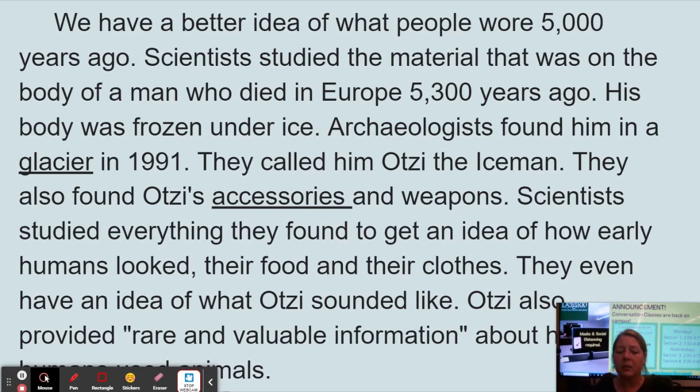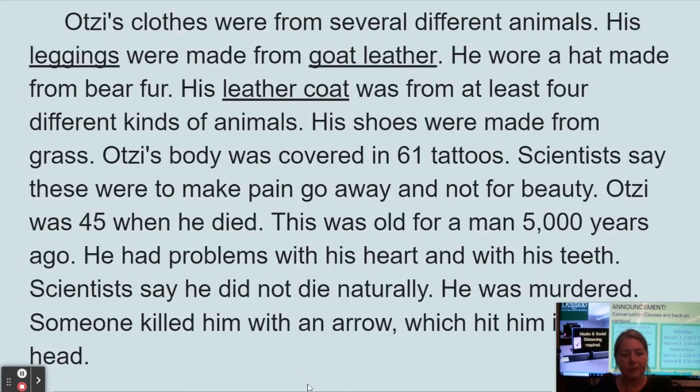They called him Ötzi the Iceman. They also found Ötzi's accessories and weapons. Scientists studied everything they found to get an idea of how early humans looked, their food, and their clothes. They even have an idea of what Ötzi sounded like. Ötzi also provided rare and valuable information about how humans used animals.